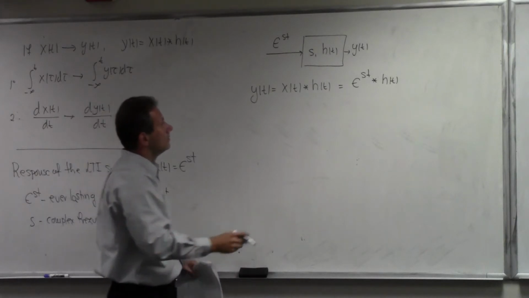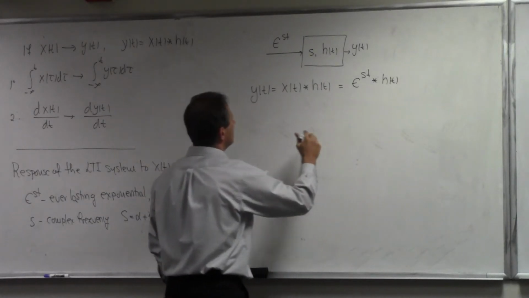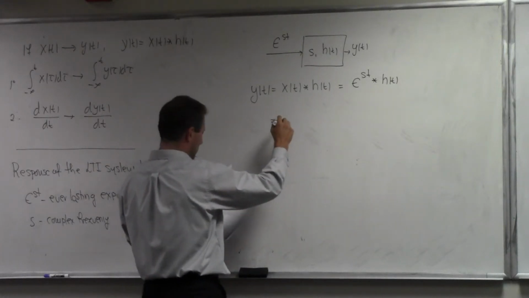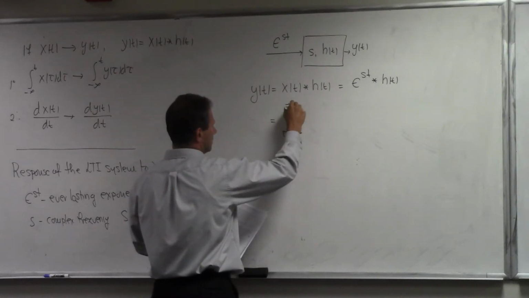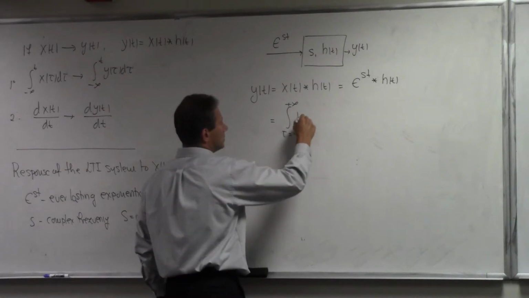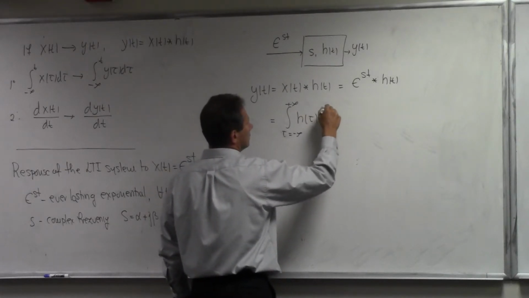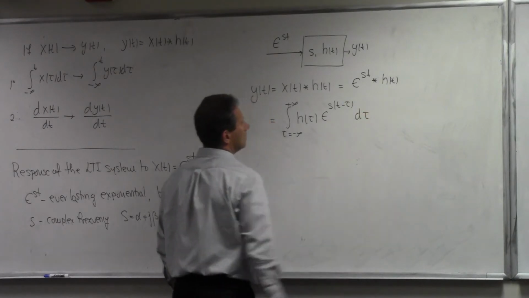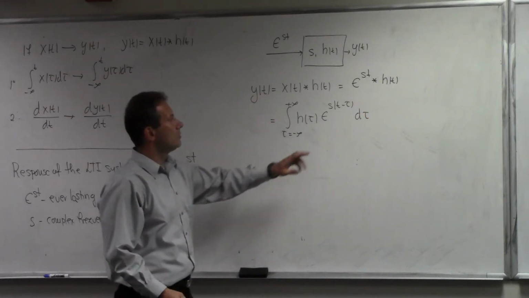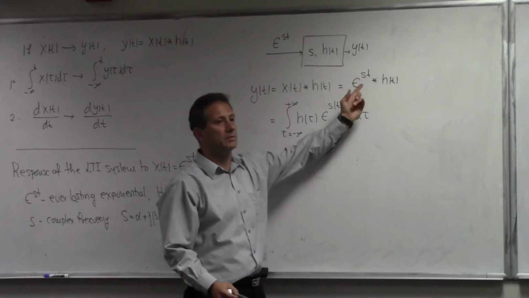Now, if I substitute what this star means here, this is an integral where tau goes from minus infinity to plus infinity of h of tau e to the s of t minus tau d tau. I'm using the commutative property of these two to swap them around.